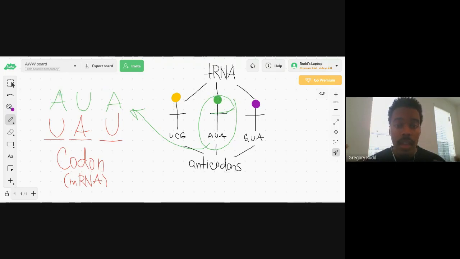And so that's how mRNA codes for a sequence of amino acids. The mRNA sequence here, UAU, matches perfectly with the tRNA that carries the right amino acid. That's the complexity, but also the specificity of this process. Right? So if this tRNA had tried to bring its amino acid, it wouldn't have worked because UCG does not match with UAU.